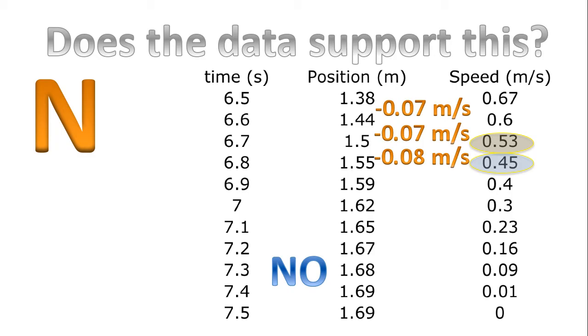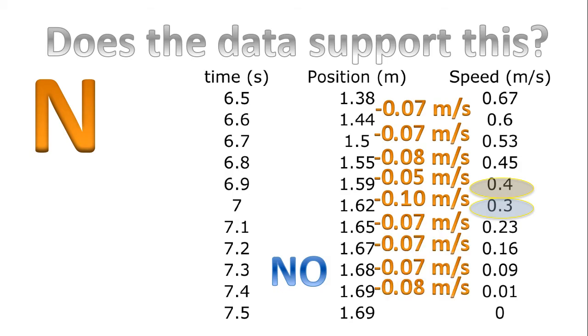However, notice, during the next time interval, from 6.7 to 6.8 seconds, the drop in speed is 0.08 meters per second. And then it only decreases its speed by 0.05 meters per second. And during the next time interval, the decrease in speed is 0.10 meters per second. And these are all the decreases in speed during the time intervals of 1/10 of a second while the train is slowing down.